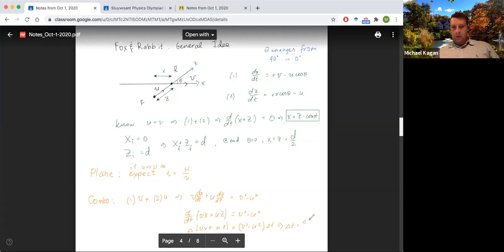So delta t equals delta of vx plus uz over v squared minus u squared. Now, this you can easily compute, right? The top you can compute, what is it?